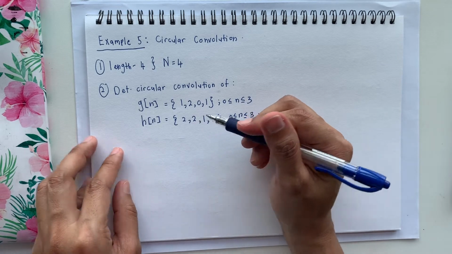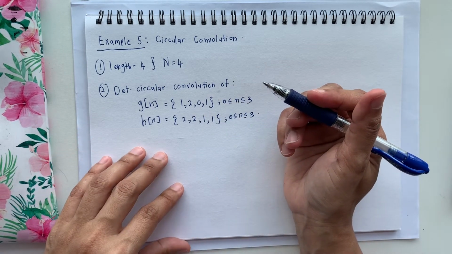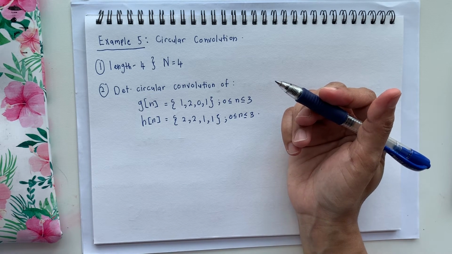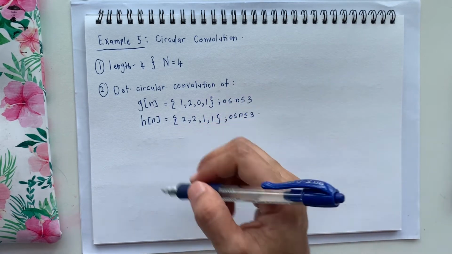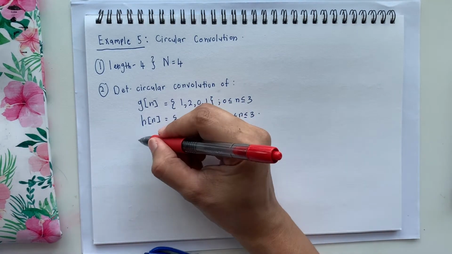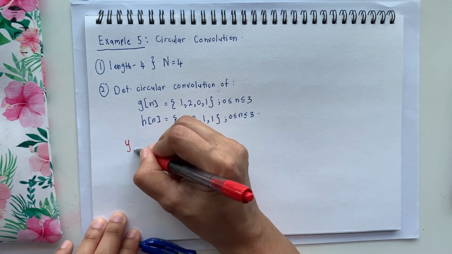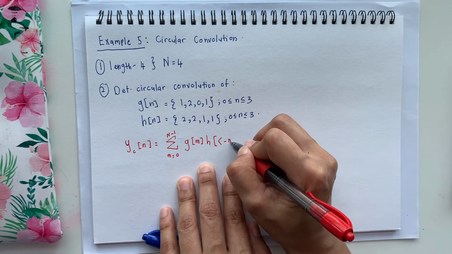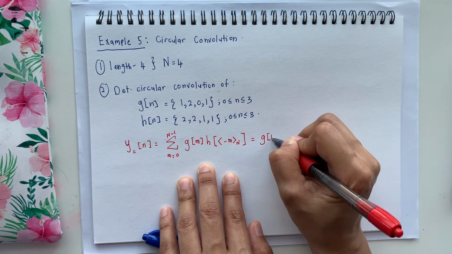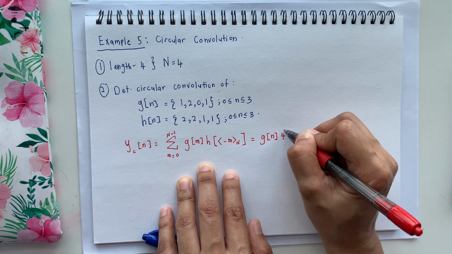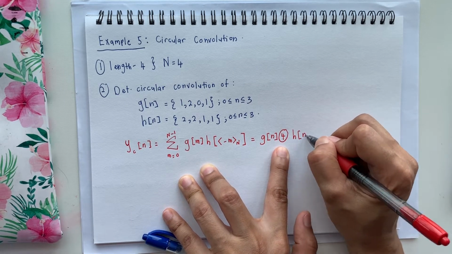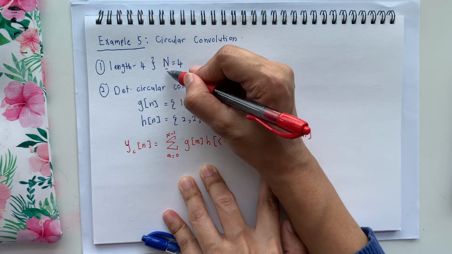To answer this question, you have to remember the general equation of circular convolution. In the circular convolution equation, you have YC n, the output. This equation is the circular convolution of Gn with Hn. Why 4? Because our capital N is 4.